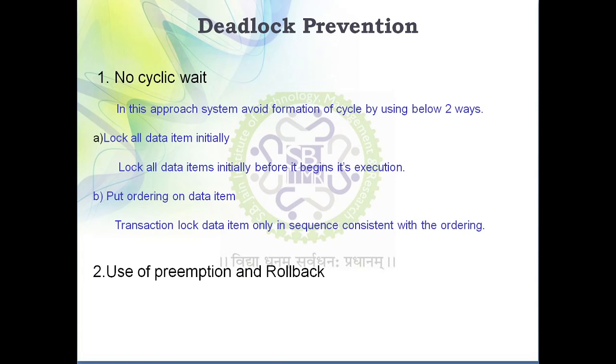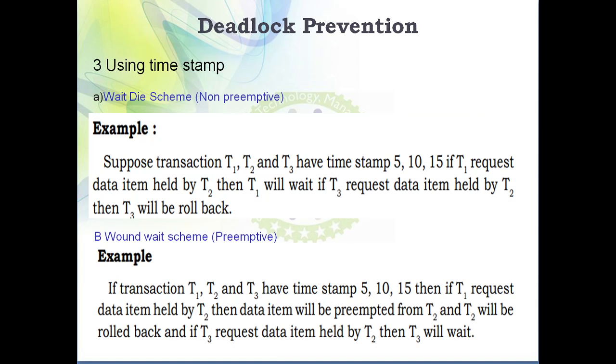So this is called a rollback. In this case, we ask a particular transaction to cancel its execution, so that the resources held by that transaction get freed and are given to another transaction, which can complete its execution, and then this deadlock situation can be solved.